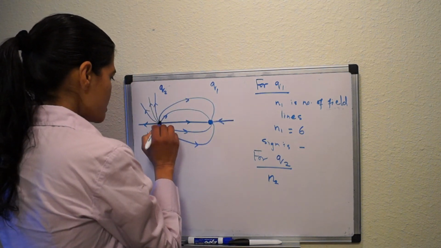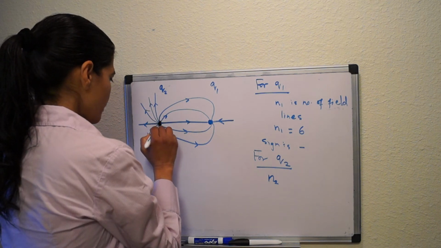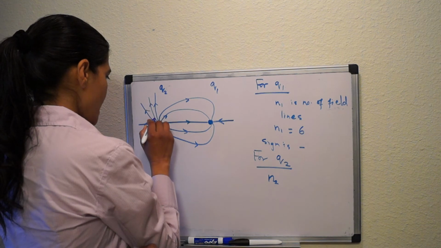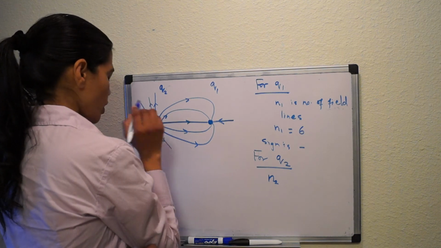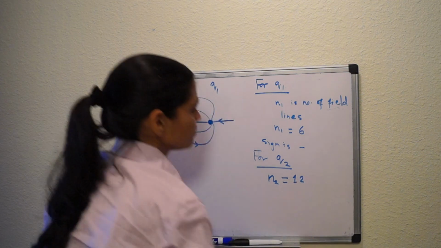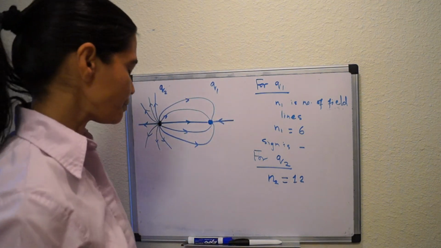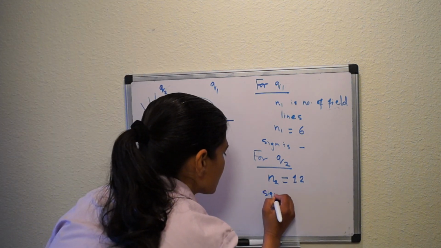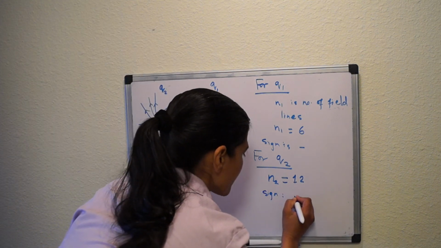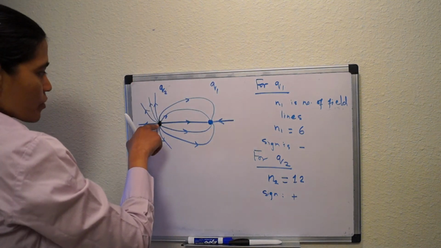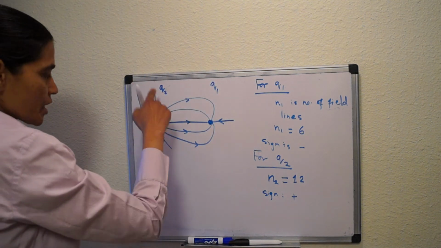I have 1, 2, 3, 4, 5, 6, 7, 8, 9, 10, 11, 12, okay? So N2 is 12, alright? And now we know the sign is what? Positive, right? Because these field lines originate at Q2.